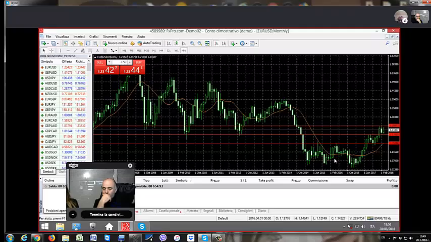Because on monthly, we must consider that the bias is up. And now we know that the bottom of weekly is the change from up to neutral on monthly.